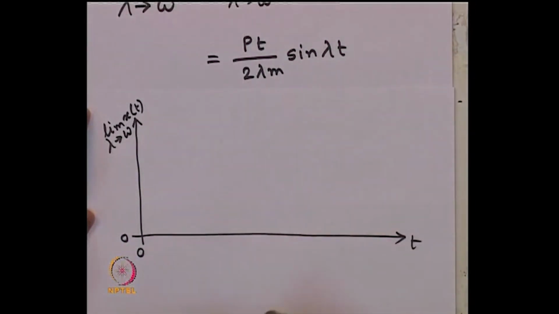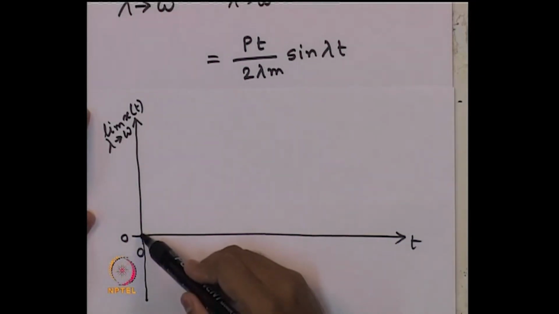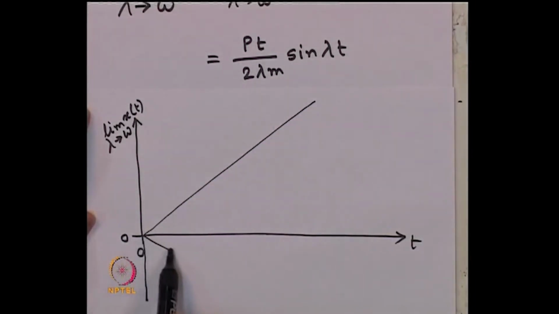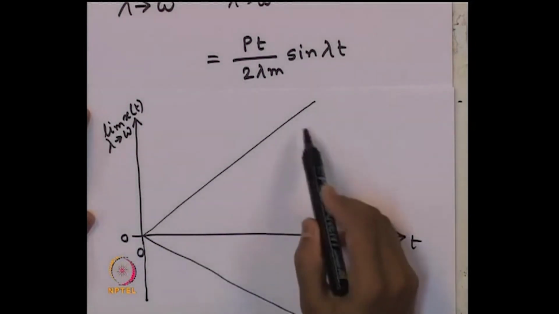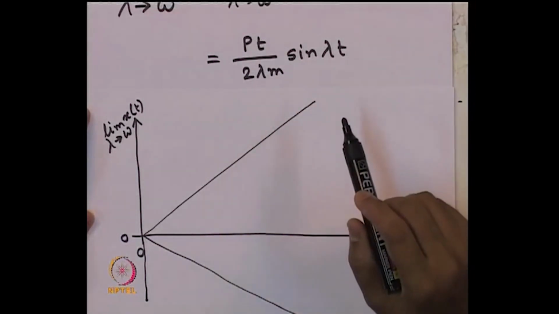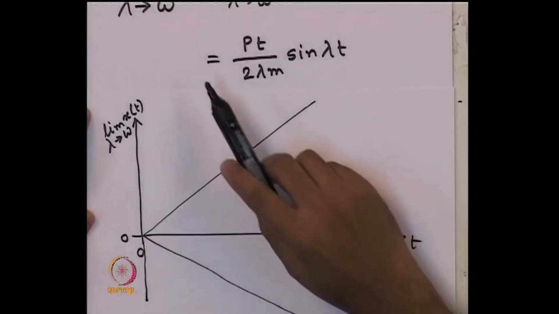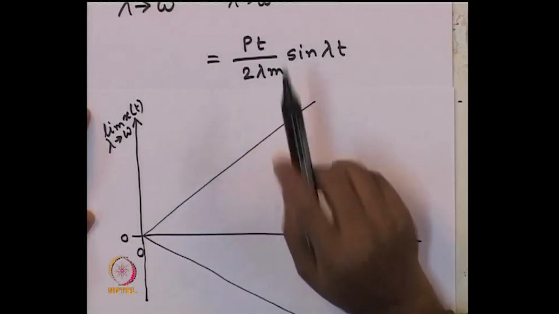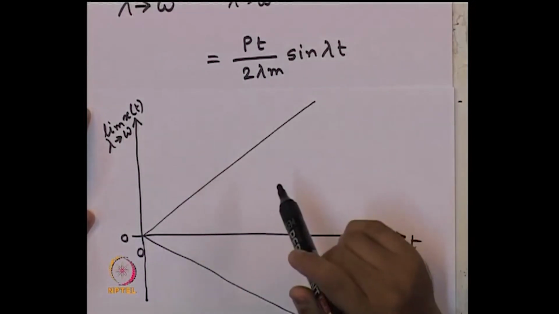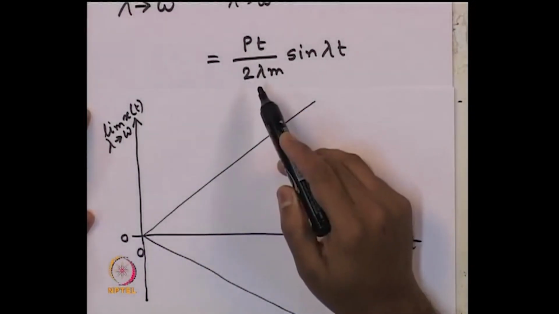Let me extend this side of the axis also. So, I have drawn the linearly increasing line. The slope of it is nothing but p by 2 lambda m, right? I am just drawing the equation y equals c x, where c is the slope of the line.